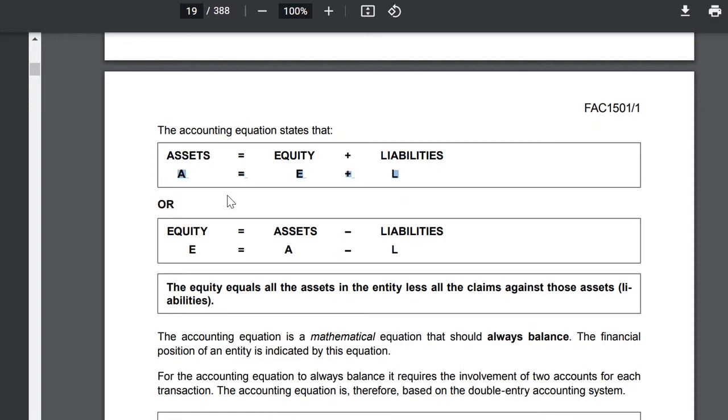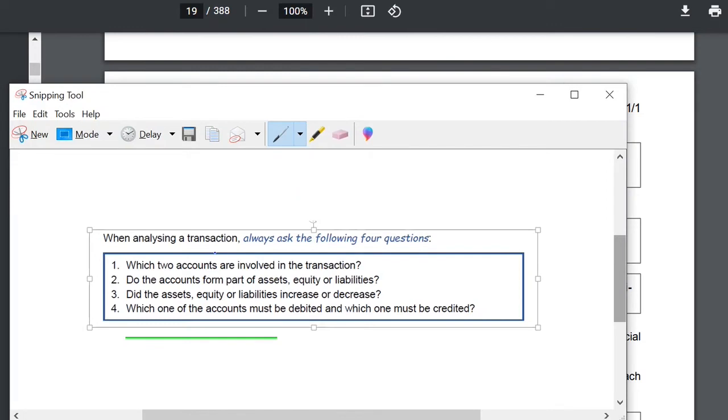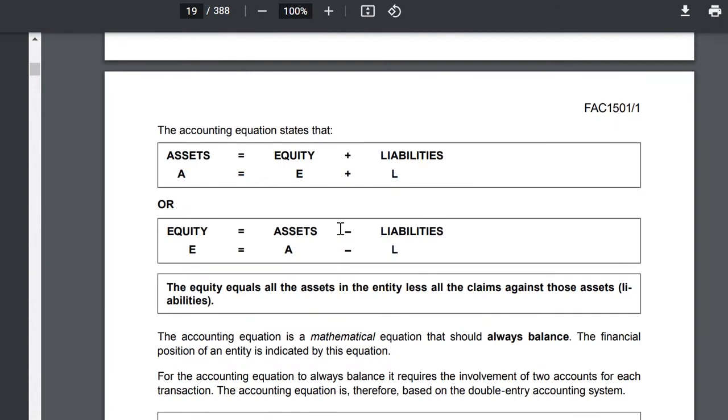So the entries were bank and expense. Remember when we did that, we said asset bank is decreasing by 5,000 and expense 5,000 is increasing. How is that going to affect your accounting equation? The bank will decrease, and the expense account will increase.